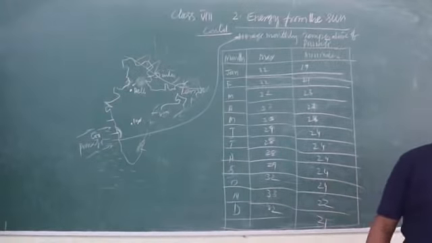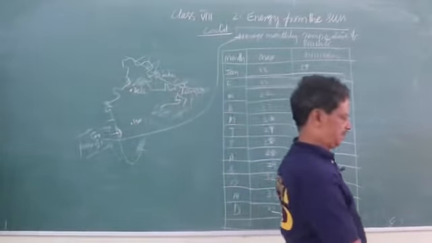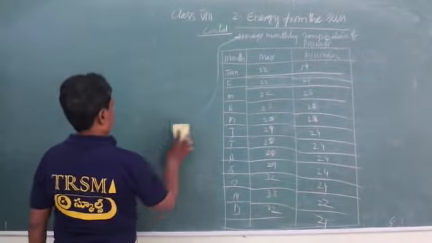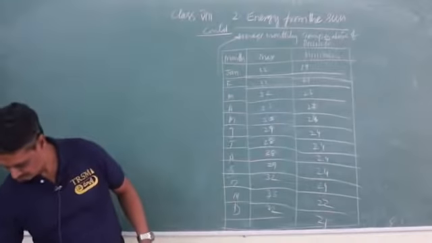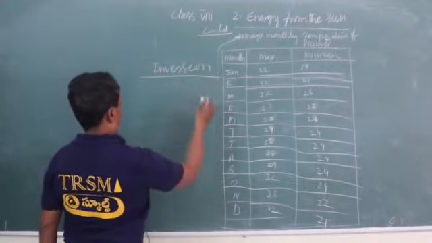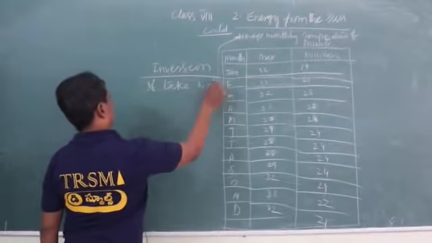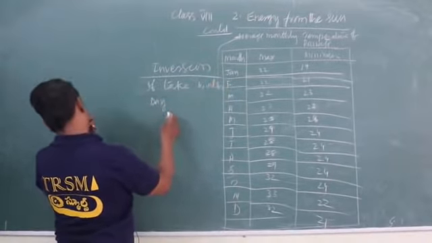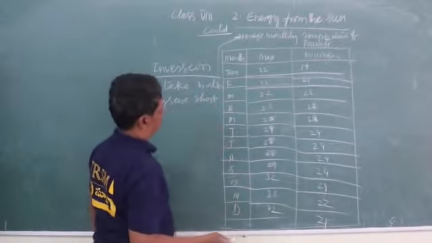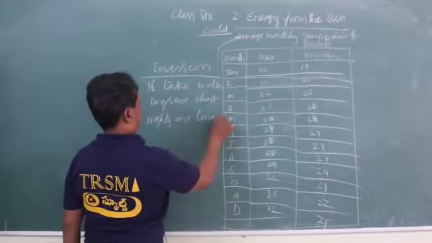This is known as inversion. Suppose if you take winter, days are short, nights are long.